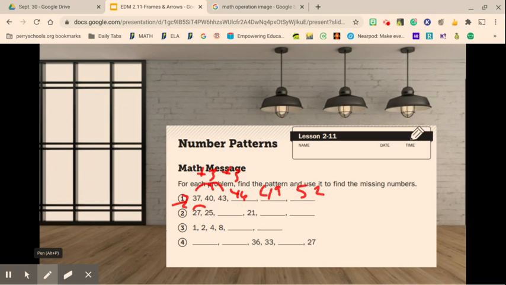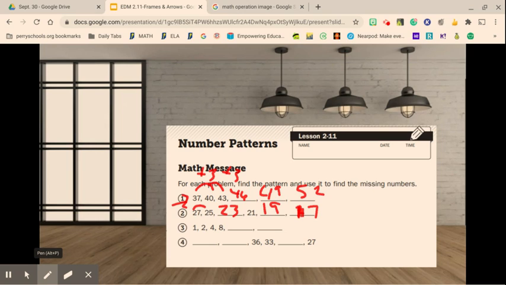Now I'm kind of stuck because I don't have the next number, so I'm going to see if subtracting 2 will work. 25 minus 2 is 23, and then I subtract 2 to see if it does make 21. When I do 23 minus 2, that does make 21. Then 21 minus 2 is 19, and 19 minus 2 is 17. So my answers should be 23, 19, and then 17.